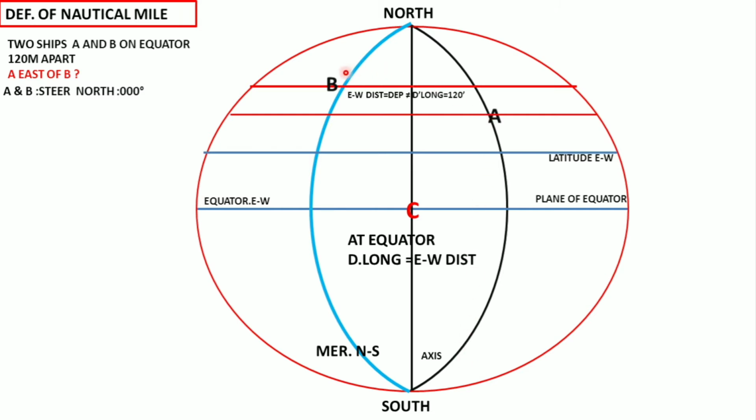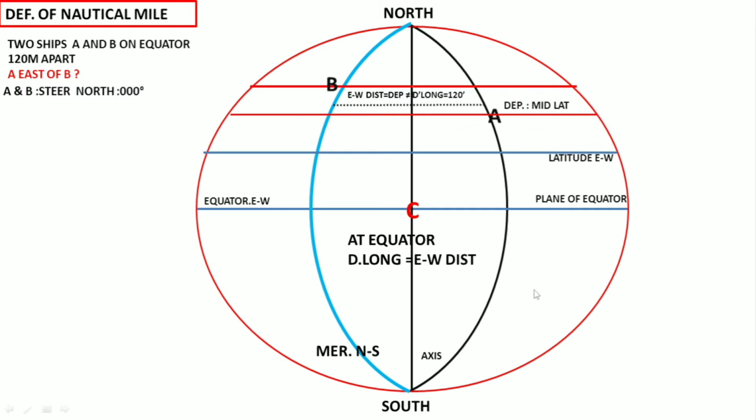The east-west distance between A and B cannot be measured on the latitude of B or A. It lies somewhere in between both of them. So the departure, the east-west distance between two different latitudes, lies on the middle latitude.